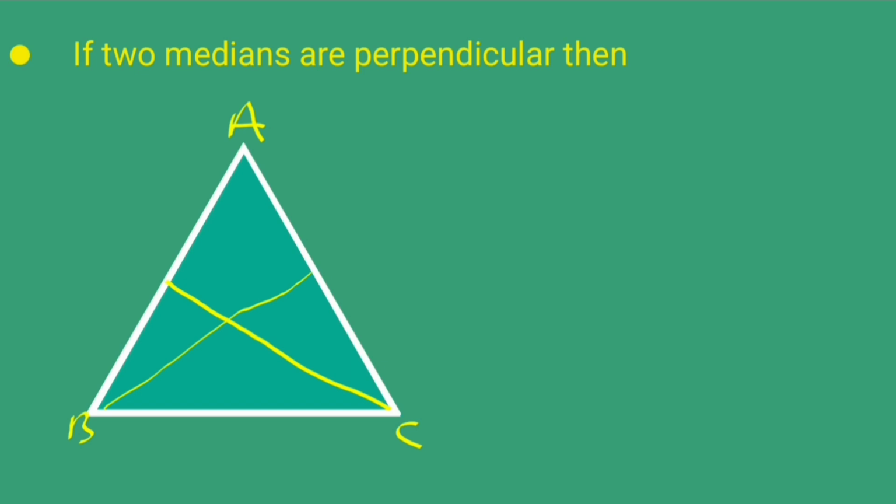If these two medians are perpendicular to each other, these two medians are making a 90-degree angle with each other.